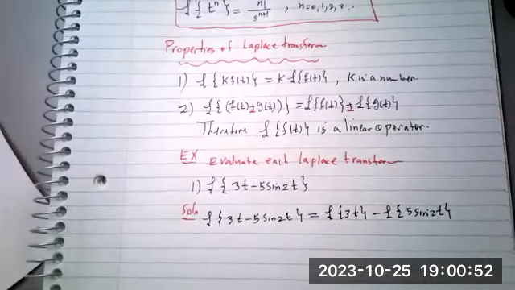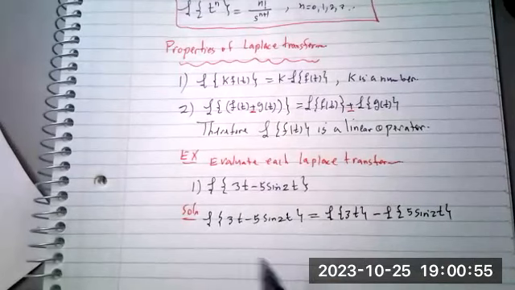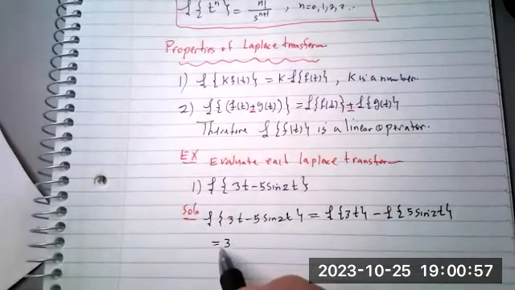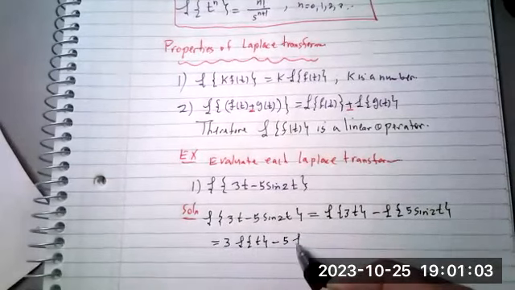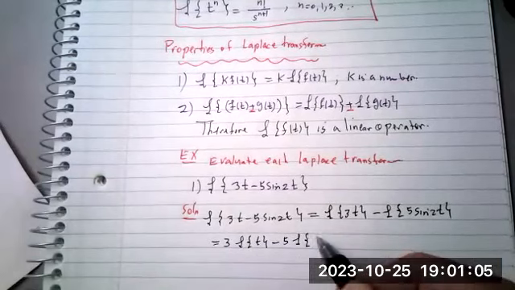Okay. Now bring the coefficient out. So that gives you 3 times the Laplace of t minus 5 times the Laplace of sine of 2t.